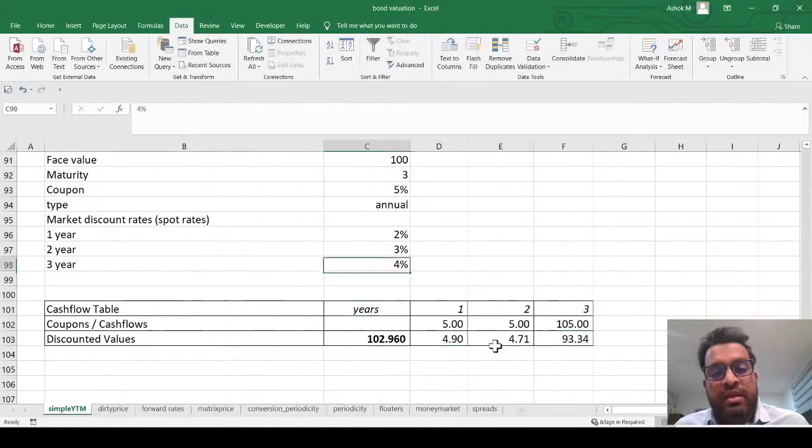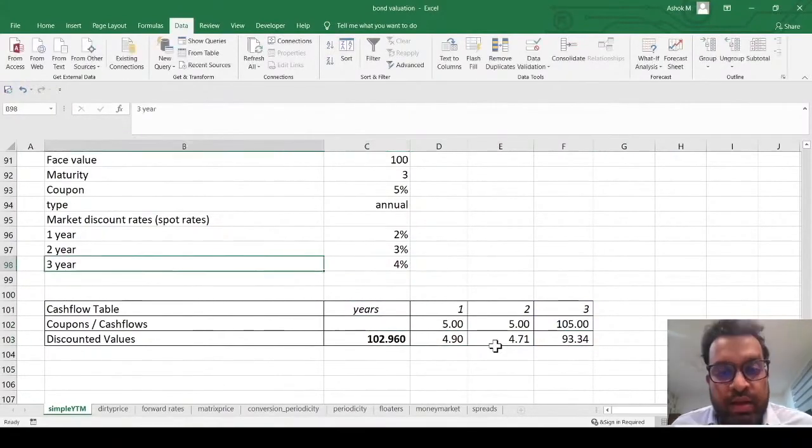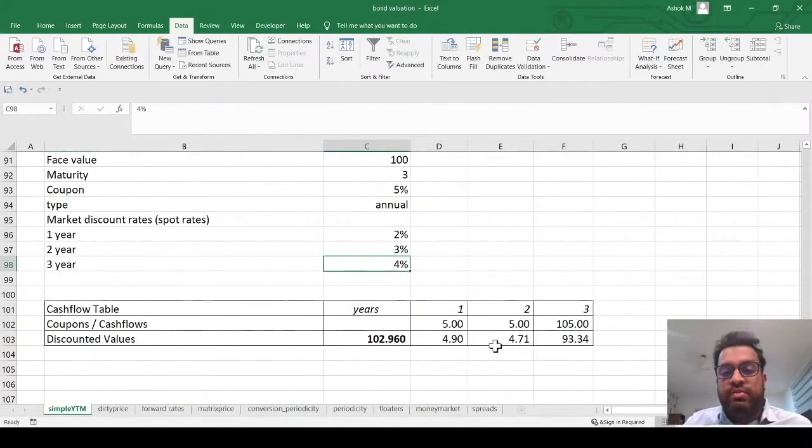Remember this rate is an annual rate. It doesn't mean that for 3 years the rate is 4%. It means that the third year cash flow must be discounted at 4% per year, every year, to current. Which is why we're using this as an annual rate. Just remember that. Once you discount this, you will get a value.